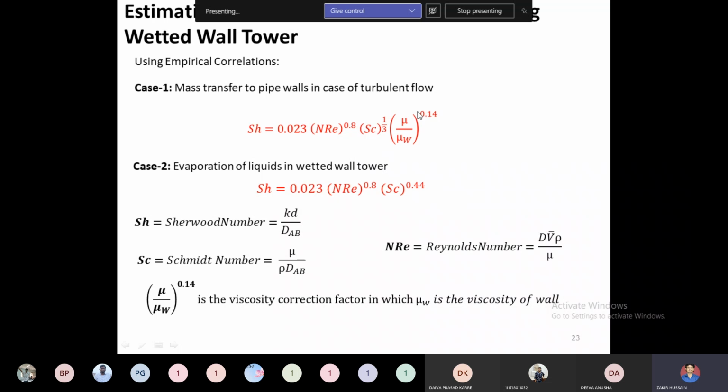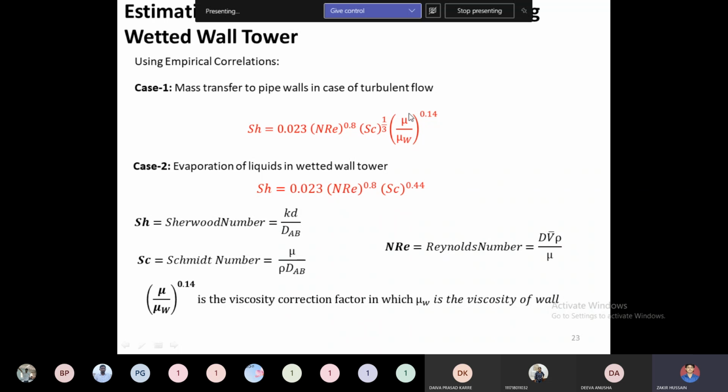This is a viscosity correction factor. The viscosity varies for the reactor wall or the mass transfer column wall; the wall will have a certain viscosity. In order to correct for the viscosity difference between the fluid and the wall, this term has been incorporated.